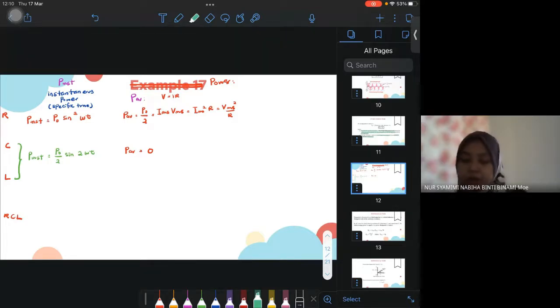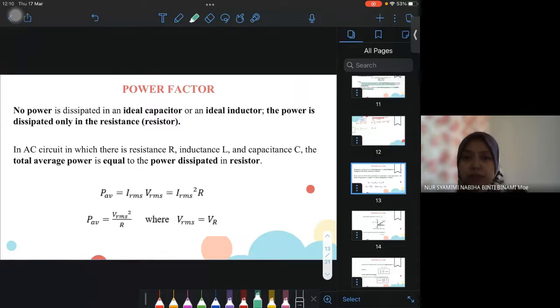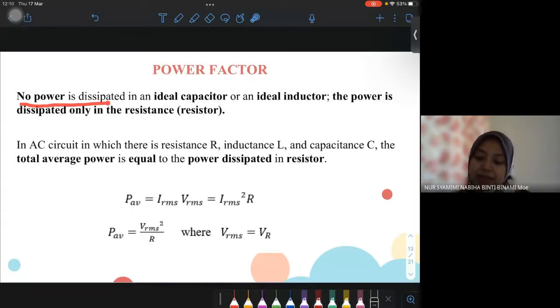Okay, so now we go to power factor. So what is power factor? No power is dissipated in an ideal capacitor or ideal inductor. Remember I said earlier that heat is not lost in the capacitor and inductor. Heat is only lost in the resistor. So the power is only dissipated in resistance in the form of heat.